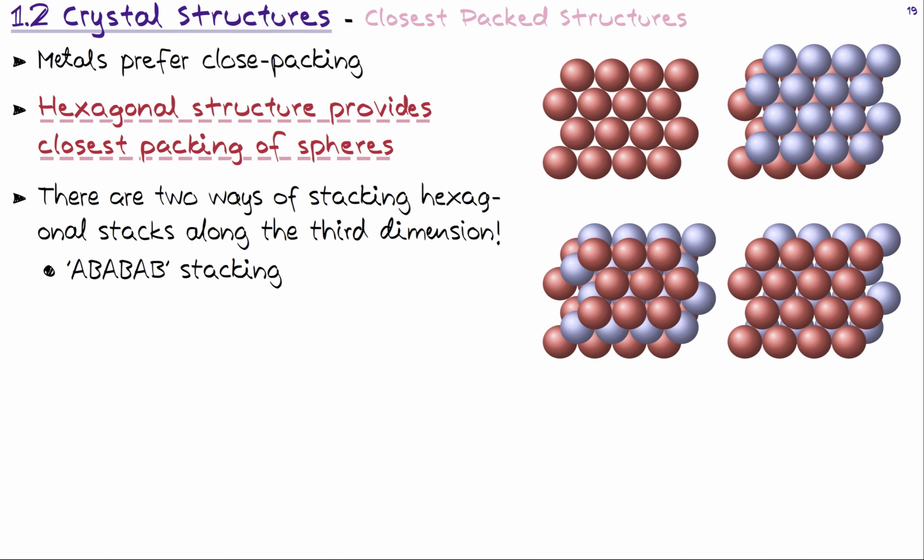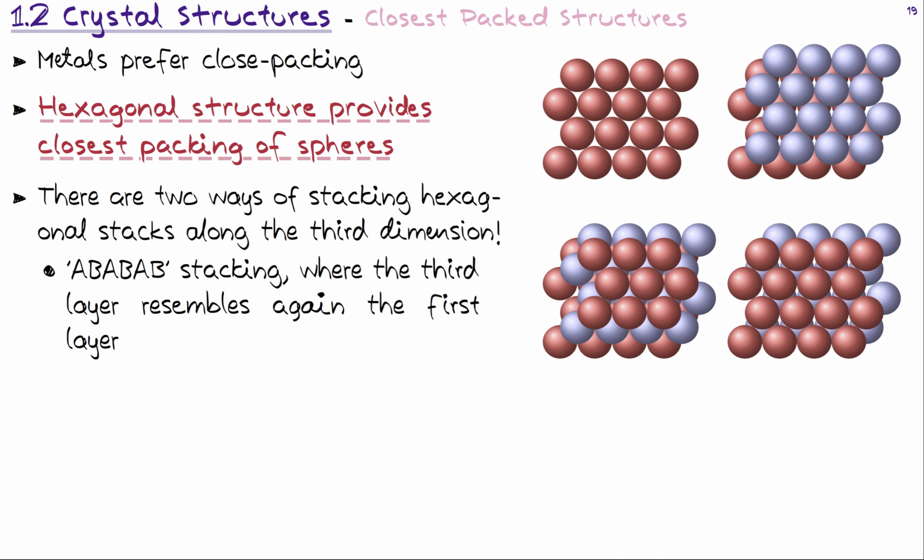So there's the first scenario, the AB stacking, where the third layer again resembles the first layer. That's being highlighted in this figure here, so that we have the first layer, we put in the second layer, and the blue color has been chosen just to clarify that this is the second layer, but the lattice point is exactly the same kind of lattice point that we're dealing with on the underneath layer.